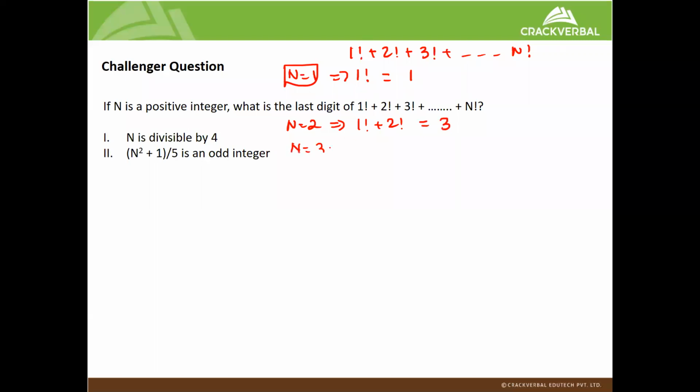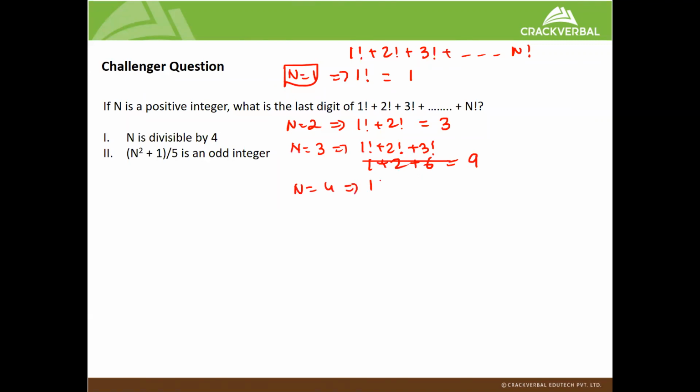If n is 3, I get 1 plus 2 plus 6, which is 9. So the unit digit is 9.